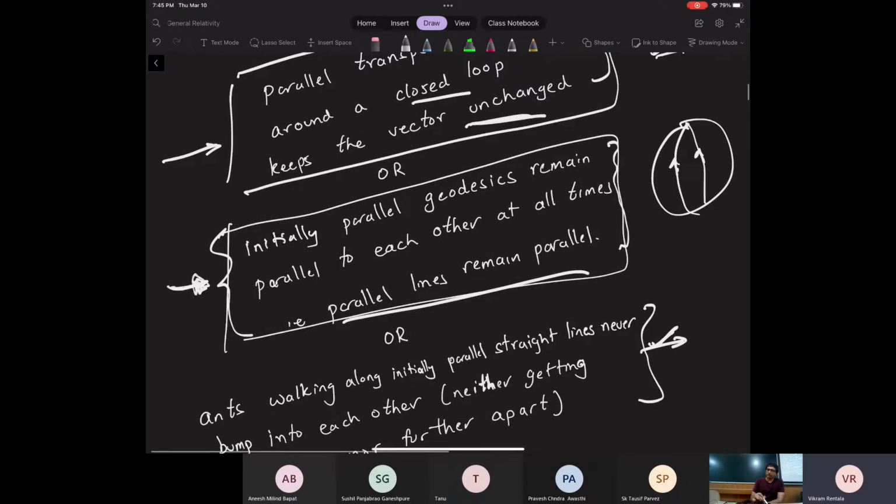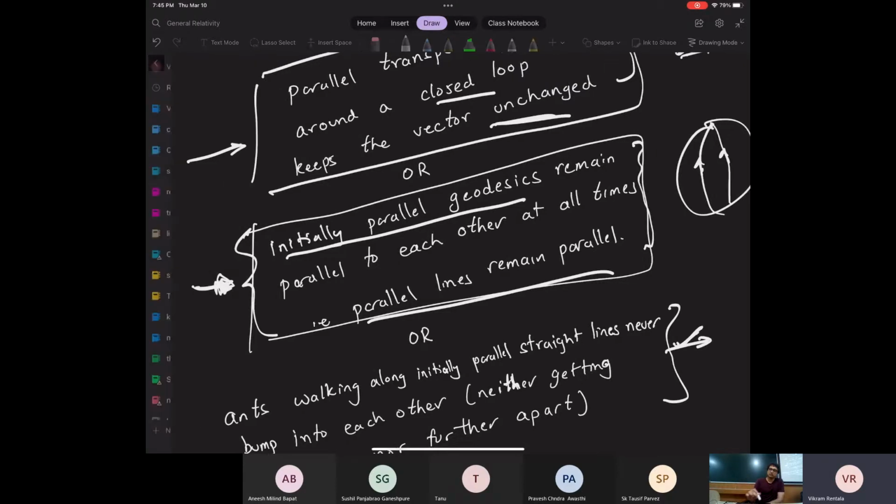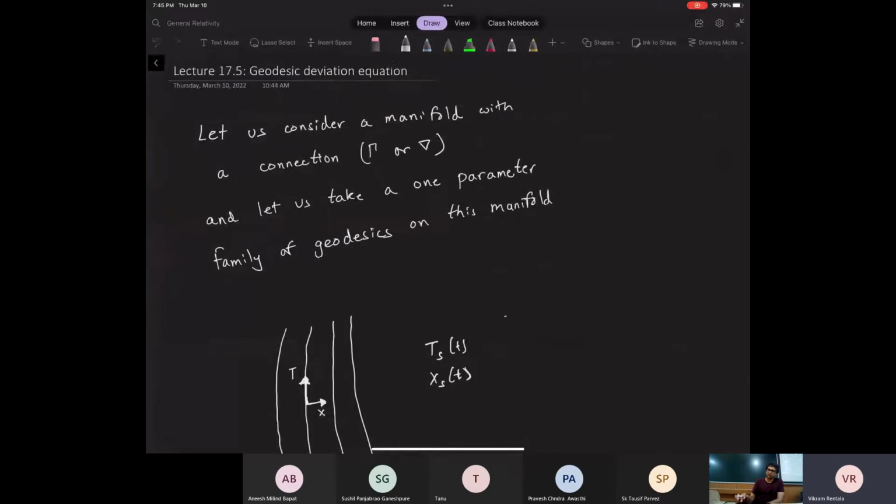Is it also true, or can I show, that in a curved space that same notion of Riemann curvature also shows me that initially parallel geodesics do not remain parallel to each other at all times? Even if they start out parallel, they may not remain parallel; that is, they get closer to each other or further apart from each other. Can we see that? That's what we're going to do next.